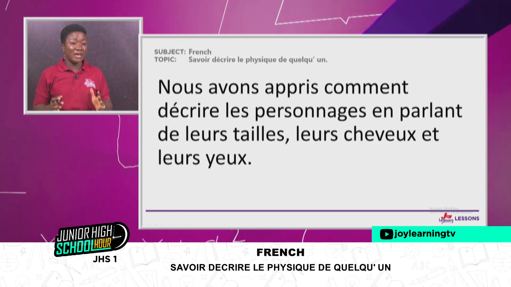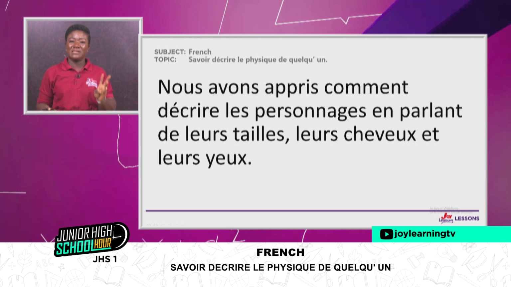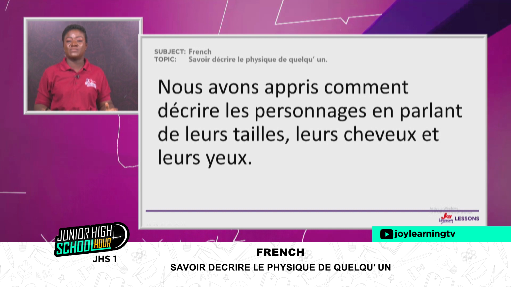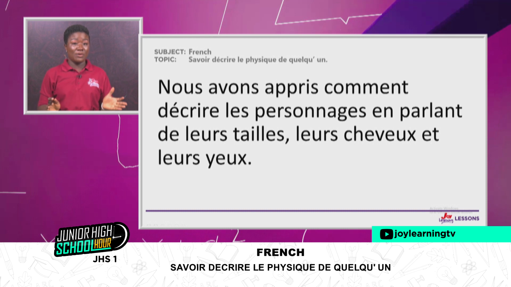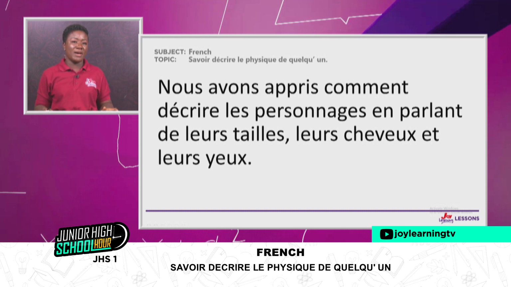So henceforth, when you are asked to describe someone, at least these 3 aspects you have acquired today. We'll look at the other aspects in our subsequent lessons so that by the end, you will be able to describe someone and have your high marks.